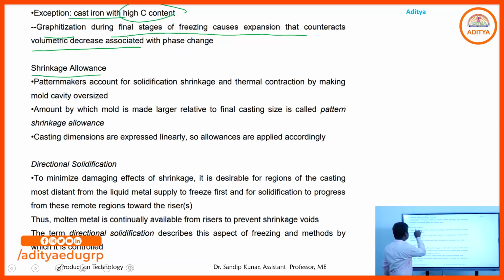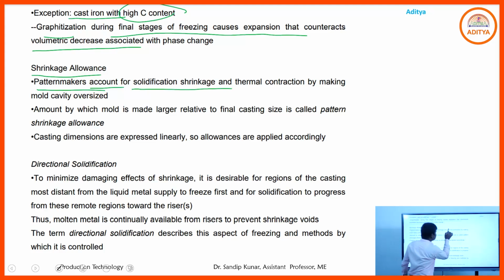In the case of shrinkage allowances and pattern making, after solidification some shrinkage will be created, so some allowances are needed. Pattern makers account for solidification shrinkage and thermal contraction by making the mold cavity oversized.